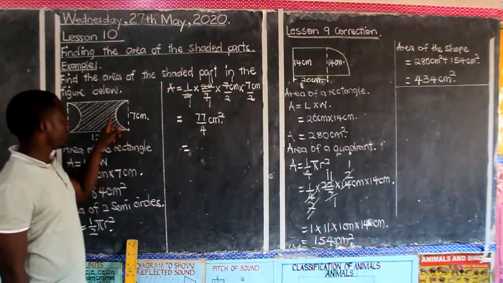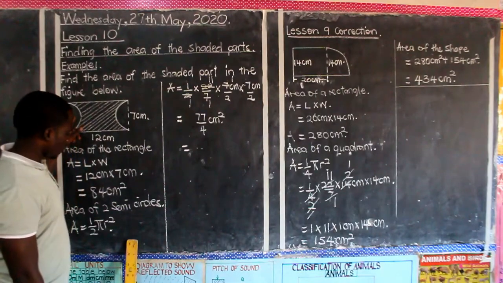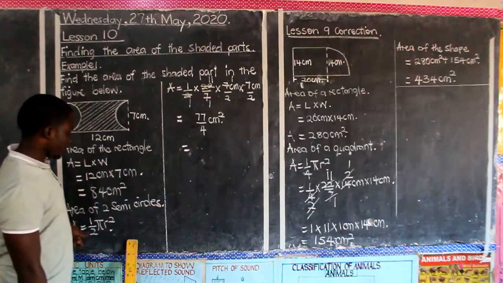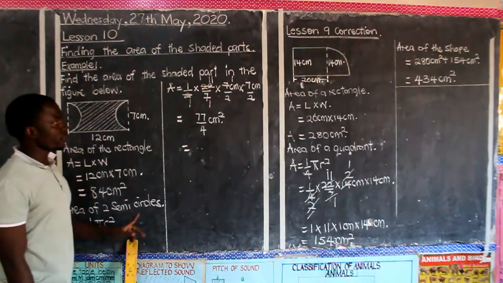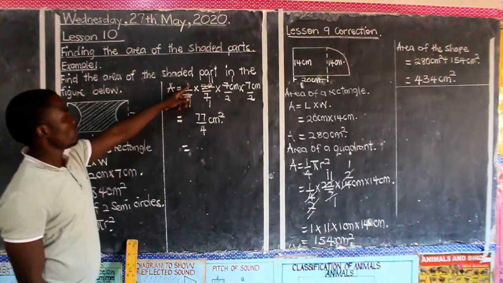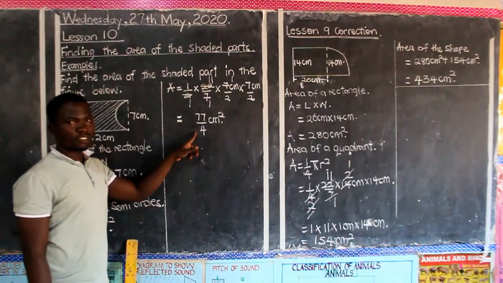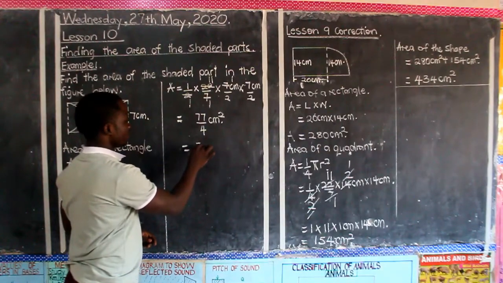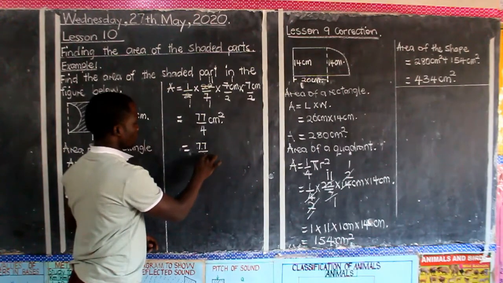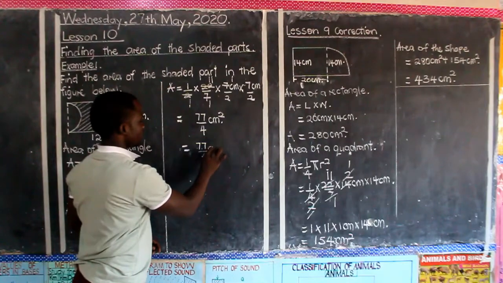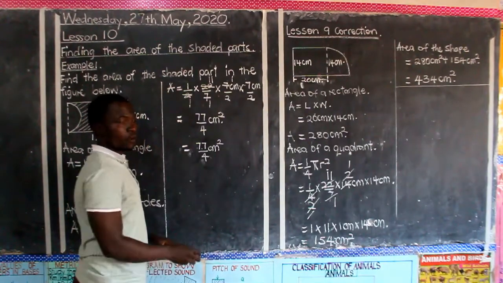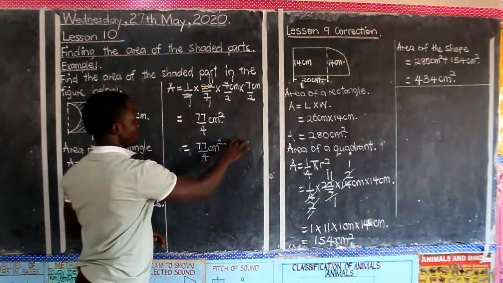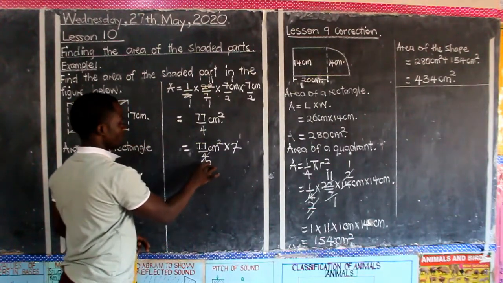But remember there are 2 semicircles. So I wrote here area of 2 semicircles, and we begin with the area of 1 semicircle, and this is it. But since we are supposed to get the area of 2 semicircles, we take 77 out of 4 square centimeters, the area of 1 semicircle, times 2. By 2 once, by 2, 2.